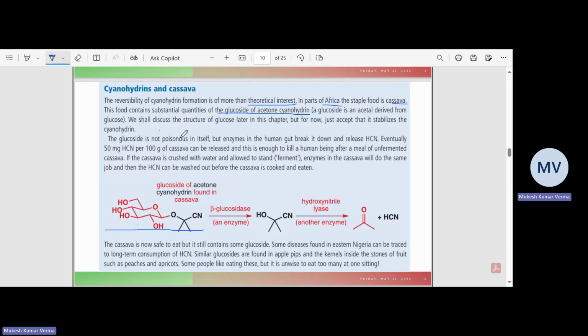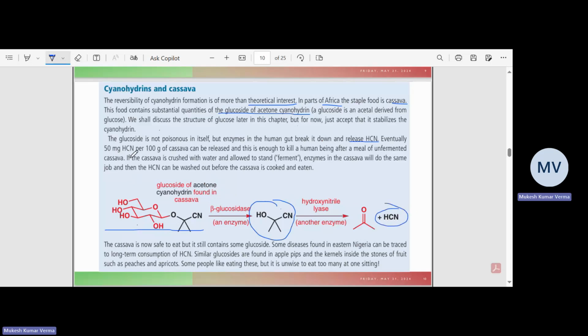The glucoside is not poisonous in nature, but enzymes in the human gut break it down and release HCN. When human beings eat cassava, the enzymes present in the human body release the cyanohydrin, and after the cyanohydrin, there is a release of HCN.